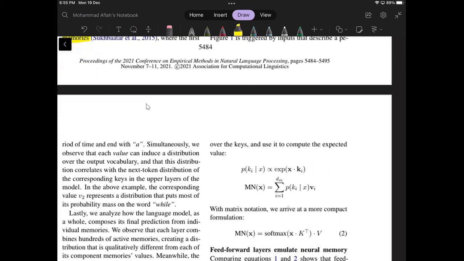Simultaneously, we observe that each value can induce a distribution over the output vocabulary, and that this distribution correlates with the next-token distribution of the corresponding keys in the upper layer of the model. So in this example, the corresponding value V2 describes a distribution that puts its probability mass on the word "while".